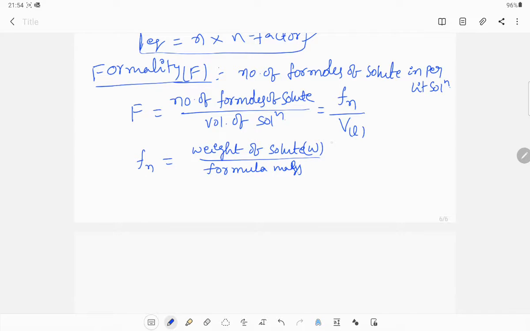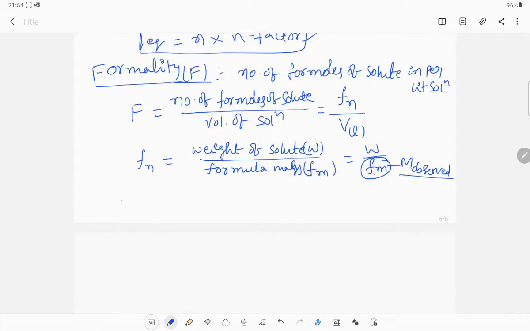Formula mass is represented with Fm. So it is W by Fm. Formula mass is nothing but M observed. Formula mass means the observed molecular mass, the observed molecular weight.